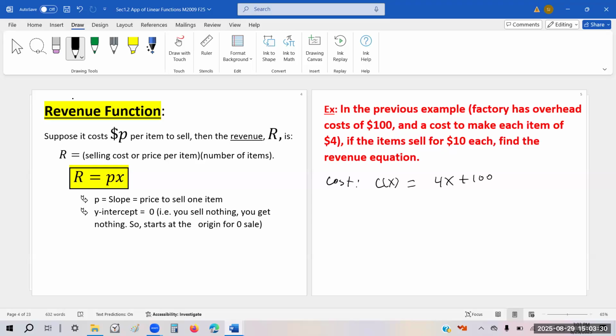You're going to sell each item for $10. So what is your revenue this time? Revenue we represent by R. You are selling each item for $10. So what would be your revenue function? 10x. Number of items you are going to sell times the price for each item. Each item costs $10. Depending on how many items you sell, you're going to get that much money.